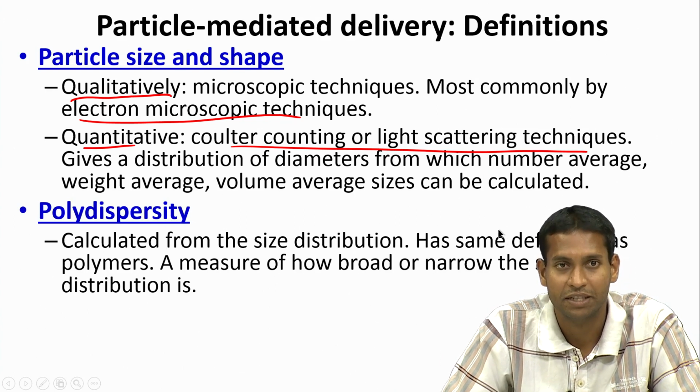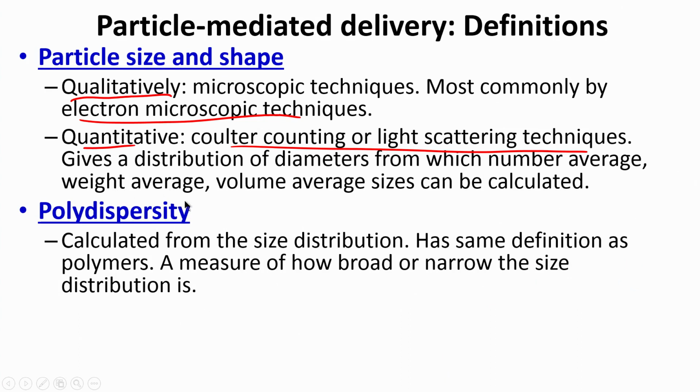Another is polydispersity. It links to this average distribution. Unlike macro devices, where you have quite a bit of control over the size of the device you are making, if you are making 1 millimeter, you typically get it within plus minus 0.1 millimeter, with micro and nano devices that is not the case.